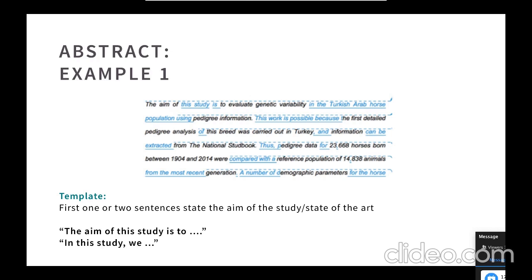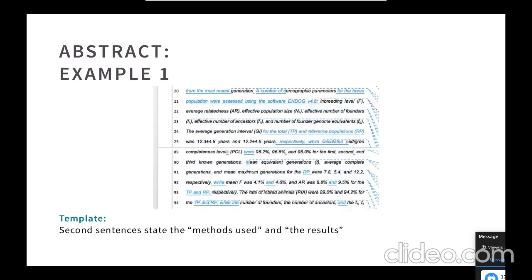The aim of this study is, in this study. The top of the abstract, the first few sentences, tell the reader what the study is going to do. What's the question that the study is going to address?